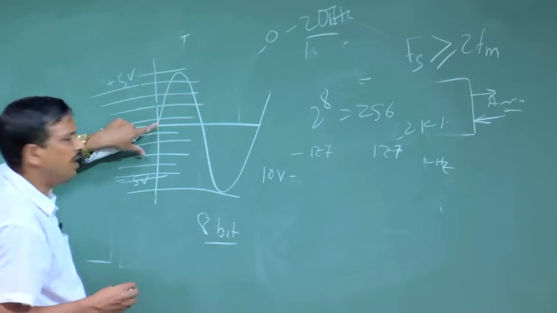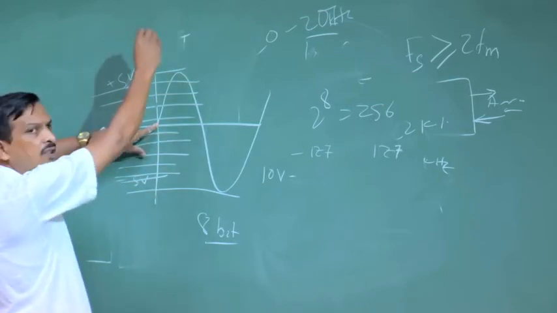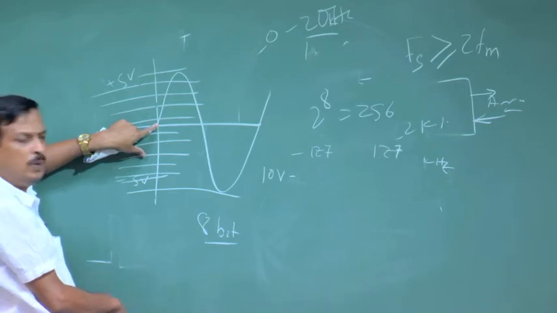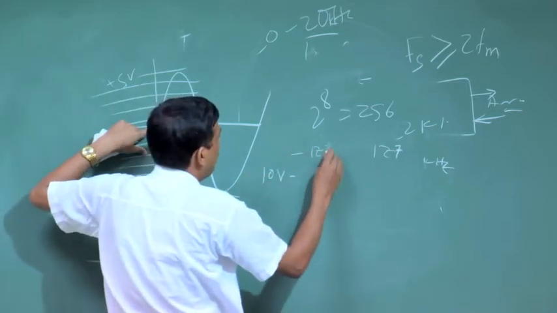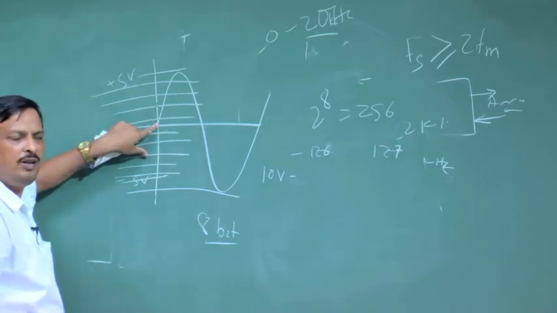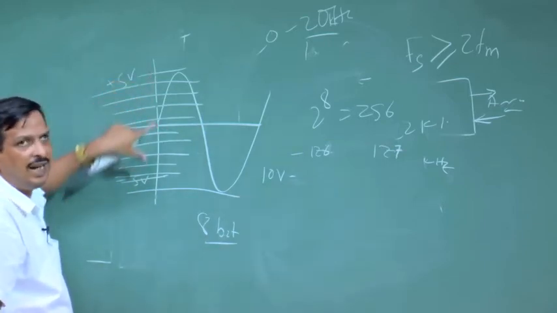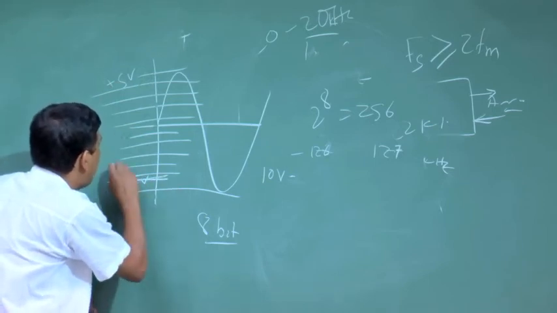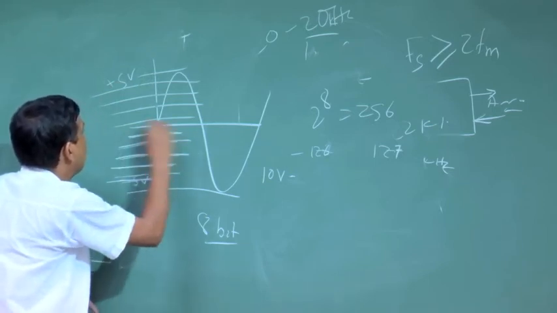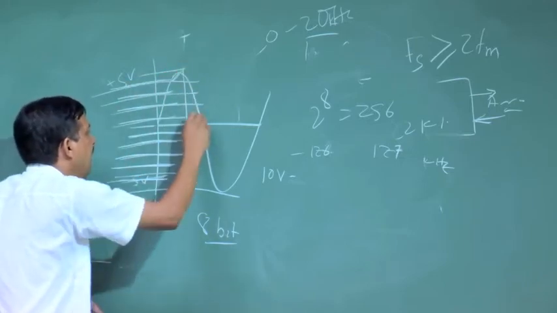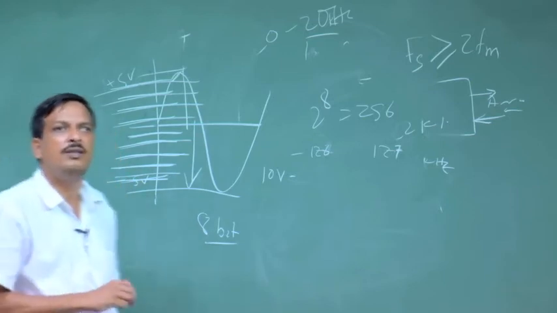So, 0 is in the middle, with positive and negative sides. Understand? Minus 127 or 126, you can take it. So, with an 8-bit number, I have divided this 10 volt into 256 levels. Okay. So, the plus side and minus side are there.